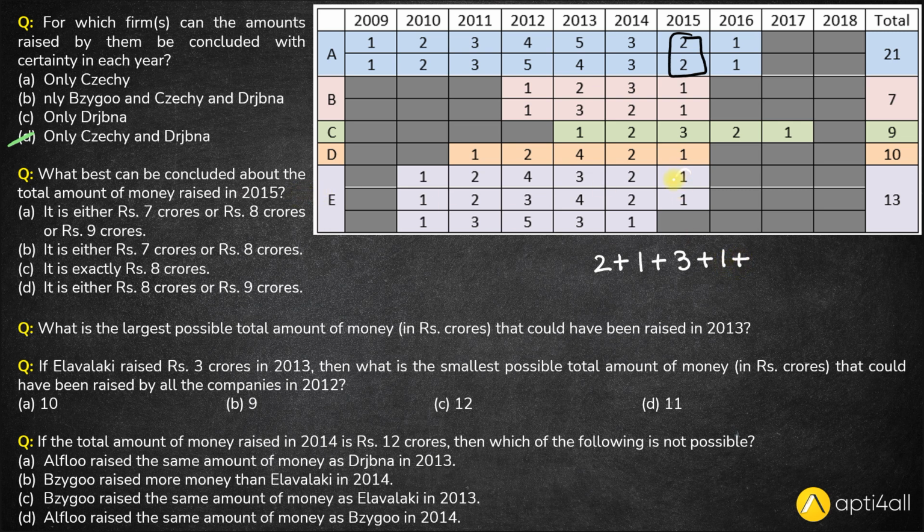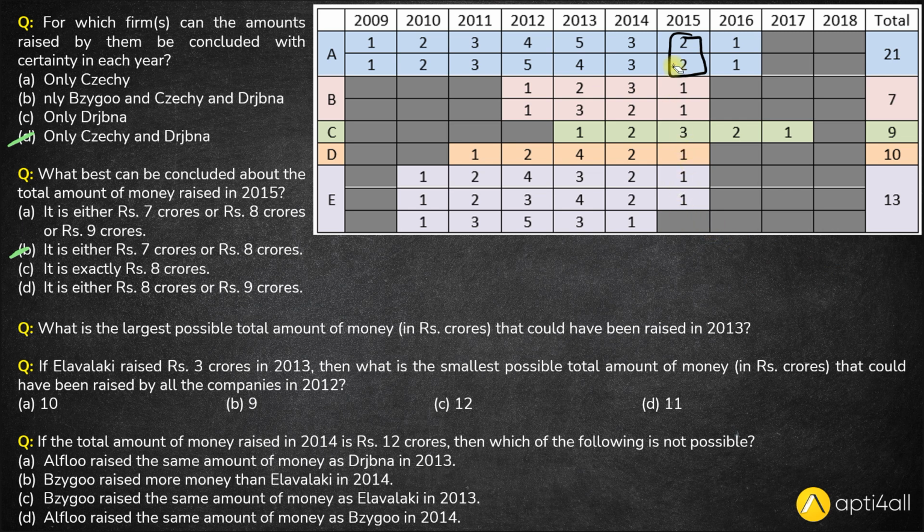Company E now can either raise 1 crore or it can raise 0. So it can be either 1 or 0. That means the total amount raised will be 2 plus 1, 3, 3 plus 3, 6, 6 plus 1, 7. 7 plus 0 it can be either 7 crores or 7 plus 1 it can be 8 crores. So the amount raised in 2015 can be either 7 crores or 8 crores. Option B is the right answer here.